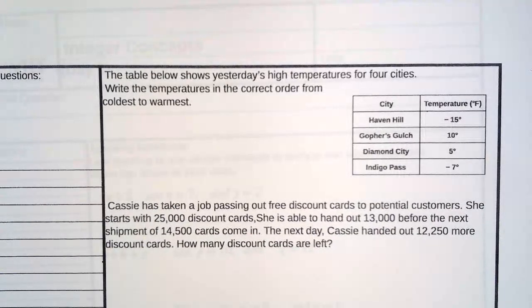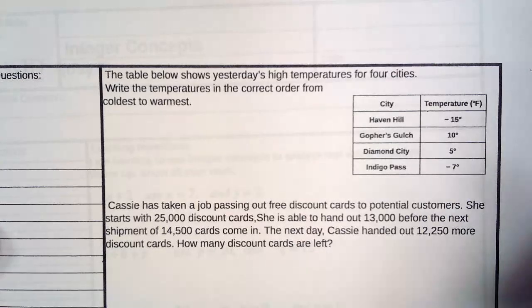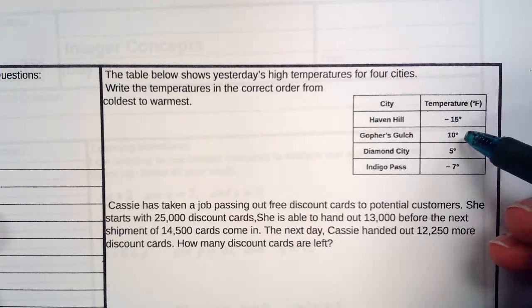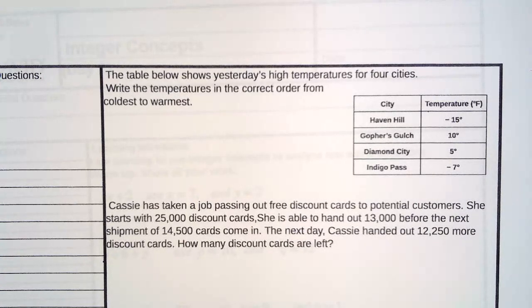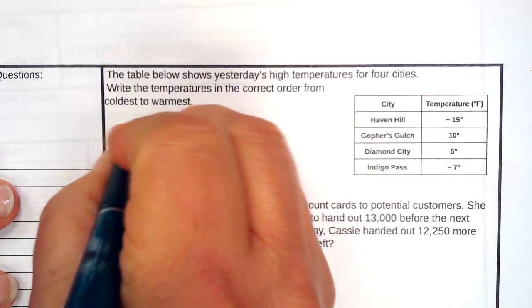Okay, the table below shows yesterday's high temperatures for 4 cities. Write the temperatures in the correct order from the coldest to the warmest. So looking at this, what would be the coldest? Negative 15 degrees, 10 degrees, 5 degrees, or negative 6 degrees? If you said negative 15 degrees, you would be correct.